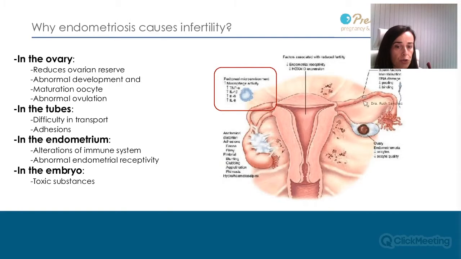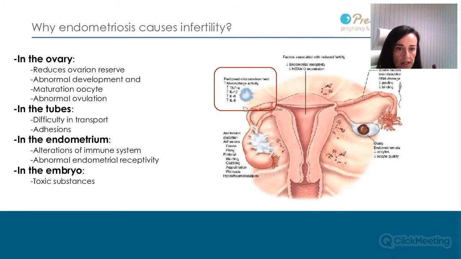It's frequent to see the tubes obstructed. In the endometrium, it also affects because it makes an alteration of the immune system, so it decreases the endometrial receptivity and the capacity of implantation.